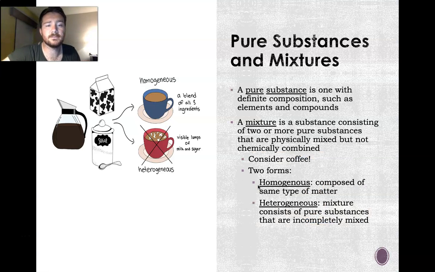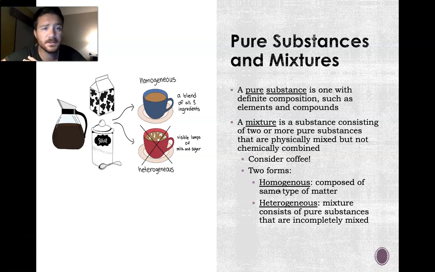Now, a pure substance is going to have a definite composition. Homogeneous substances and pure substances are often pretty hard to distinguish, but a pure substance is just one thing: water, just water. Homogeneous deals with mixtures, a mixture that is coherent or the same.